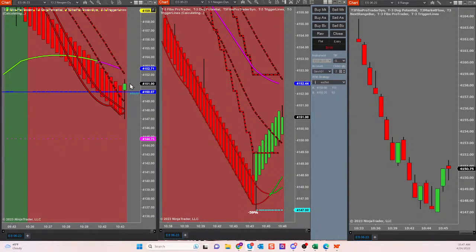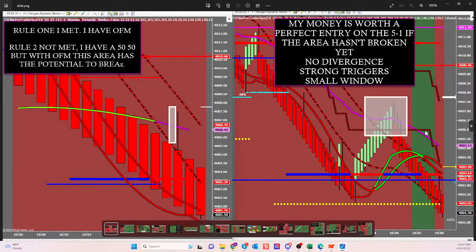Smalls below the large are wide. They're angled in the direction of the trend. 4150.07 has the potential to break, but it hasn't yet broken, which means that there isn't a clear path. And without that clear path, isn't it okay? Isn't it okay as a brand new user to insist on maybe the best of the best entry?